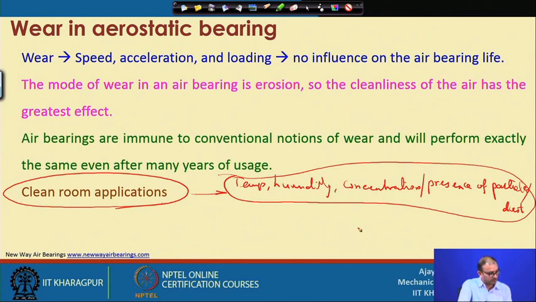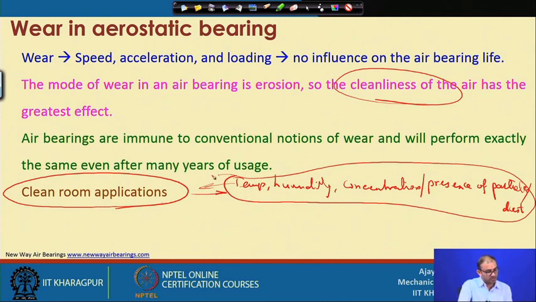In that case you are maintaining a perfect condition for different applications. That is called a clean room, because only completely filtered air is coming out of the system, so you will not get any problem from foreign elements, which may create problems when you use other types of bearings.